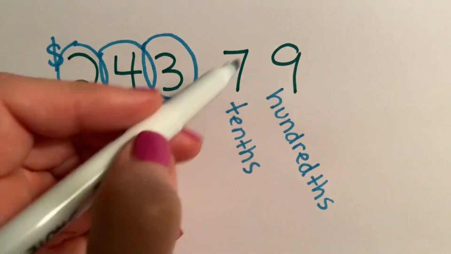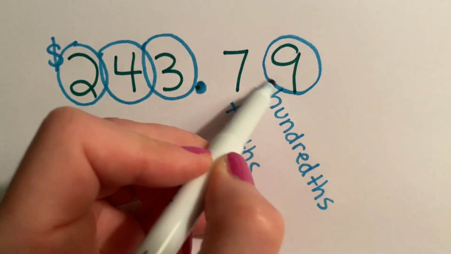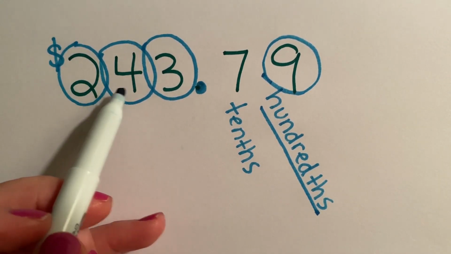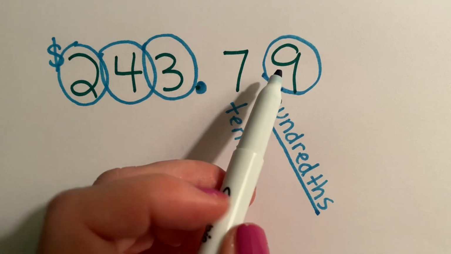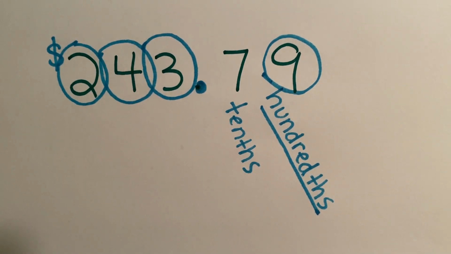When you read it as such, you always use wherever you stop, like we stop with the 9 in the hundredths place. So 243 and 79 hundredths. That's going to help us in just a minute.